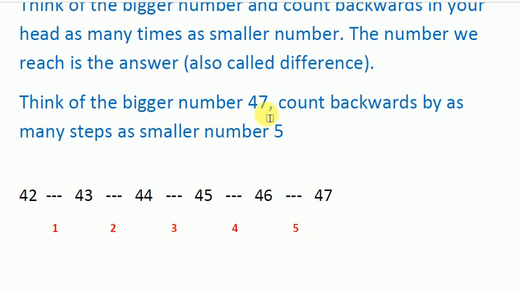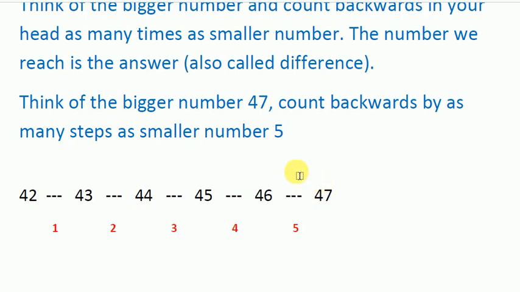Think of the bigger number, that is 47, in your mind and count backwards. Since it is subtraction, we are counting backwards by as many steps as the smaller number. The smaller number was 5. 47 minus 5. So think of the bigger number in your mind and count 5 times backwards.